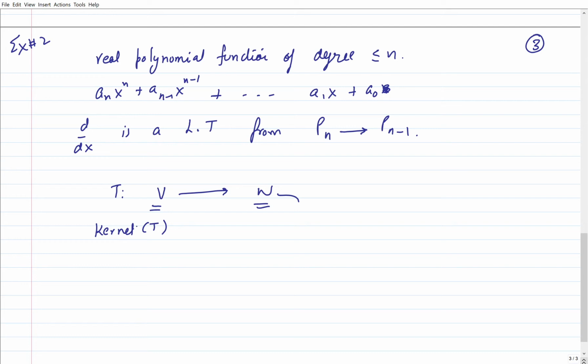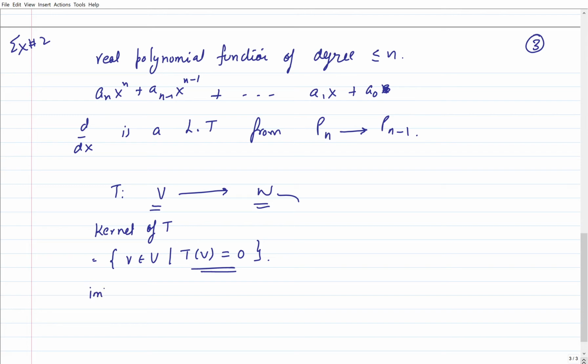It's called the kernel of T. It is a vector space such that the elements are such that T of these is 0.